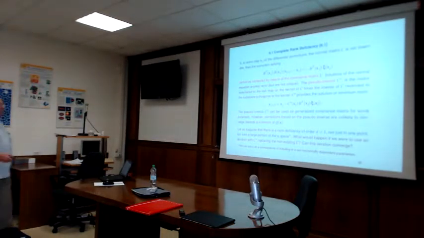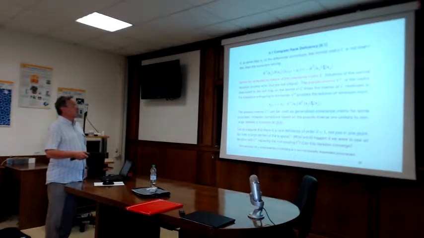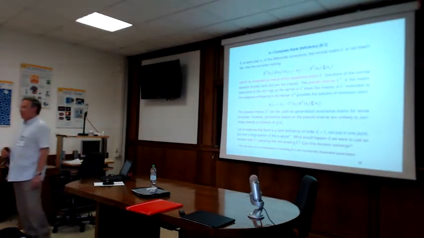Now, a mathematician has invented something which is called the pseudo-inverse. If a matrix C has a kernel, that is a null space, we make the matrix associated to a map which is 0 on the kernel, and the inverse of C restricted to the subspace orthogonal to the kernel.